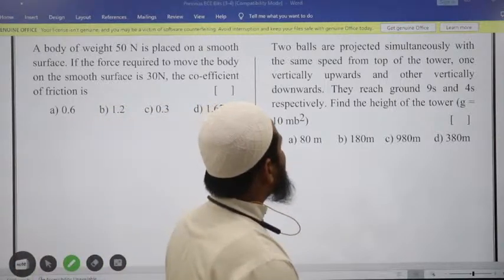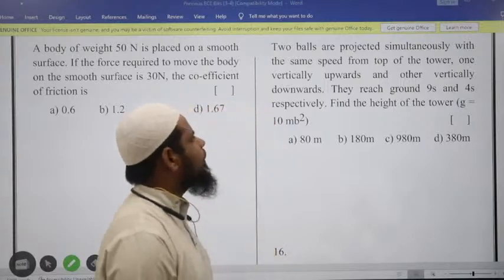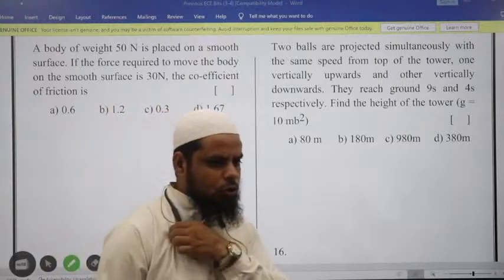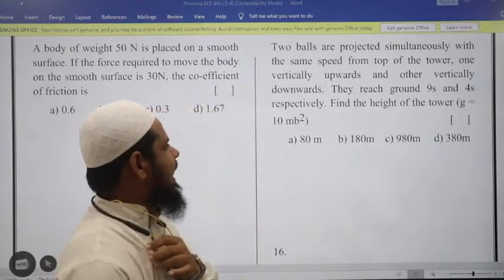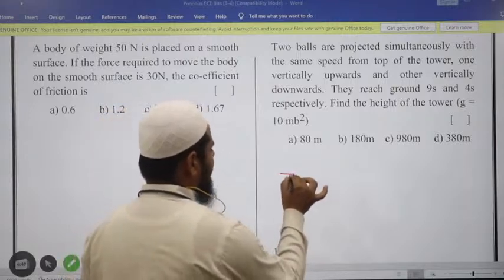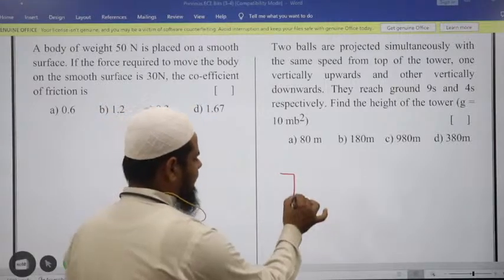Two balls are projected simultaneously with the same speed from the top of a tower. Look at this, this is a tower.